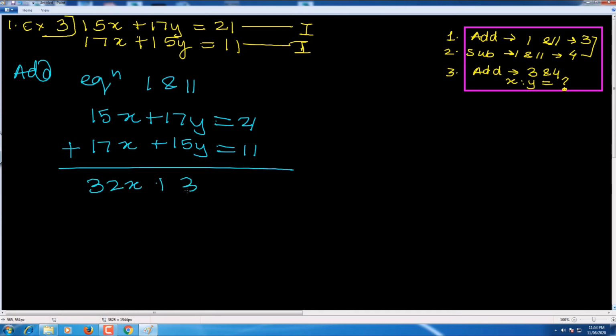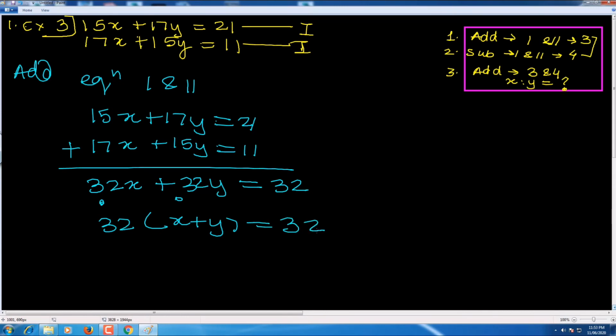Now 15x + 17x = 32x, 17y + 15y = 32y, and 21 + 11 = 32. Now we take 32 common from both, so we write 32(x + y) = 32, then x + y = 32 upon 32. The multiplication becomes a division, so x + y = 1. The 32 gets cancelled. We get equation 3.